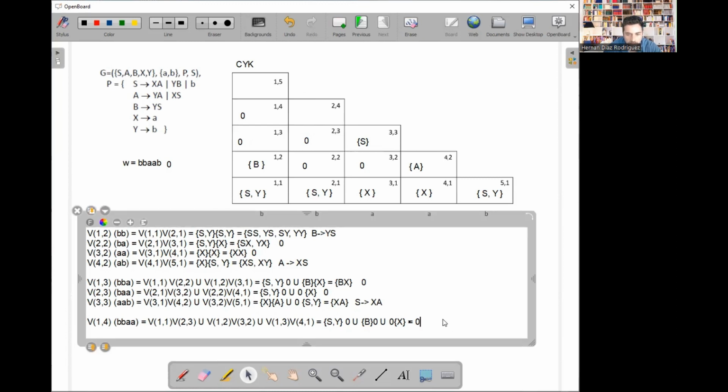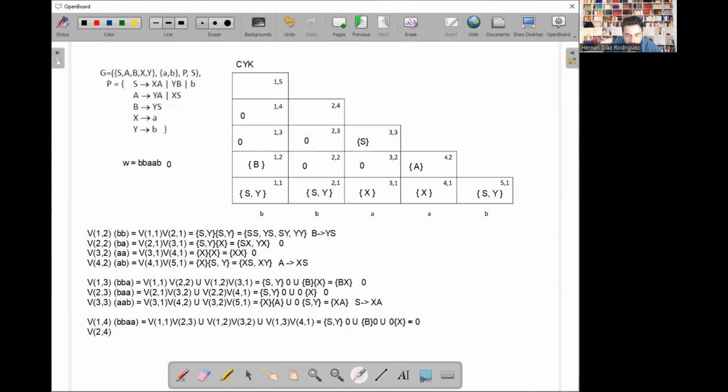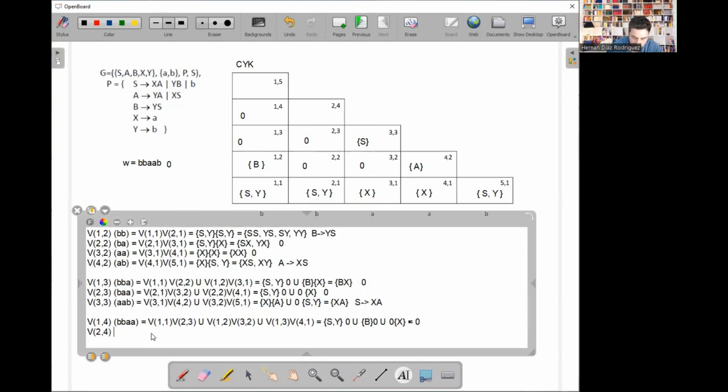And we go to the cell 2, 4. So we need to put ourselves in the second character, position 2, and then take 4 characters. So we need to generate this string of characters, which is BAAB. So again, we can take the first character and then the other 3, start in 3, and we take 3.